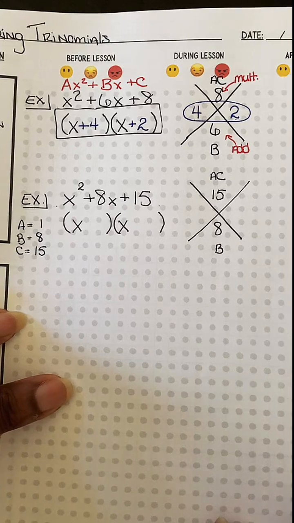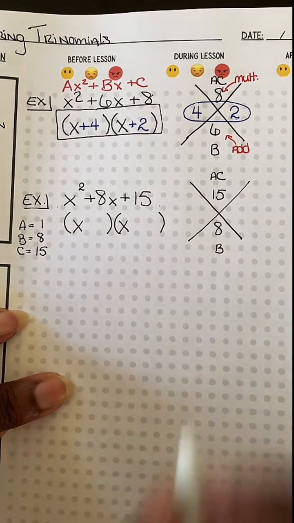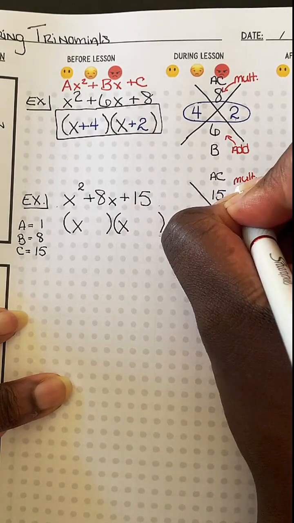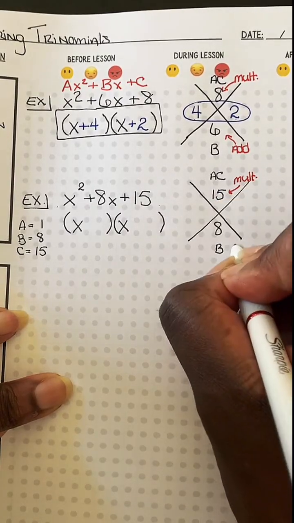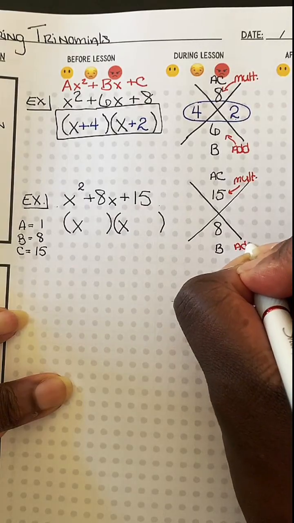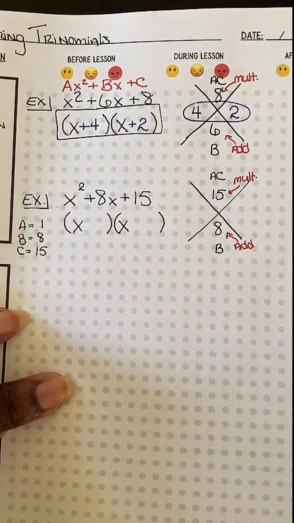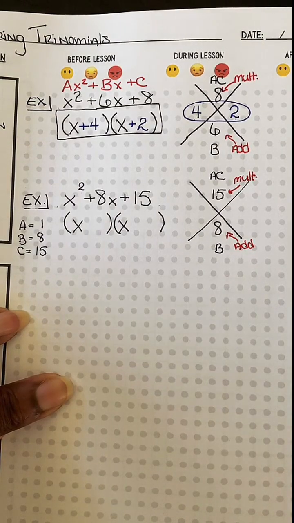So now I need to know what two numbers multiply to give me 15 and add to give me 8. Okay, awesome. I'm seeing a lot of 3s and 5s.